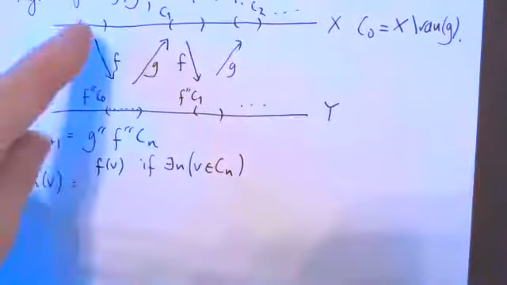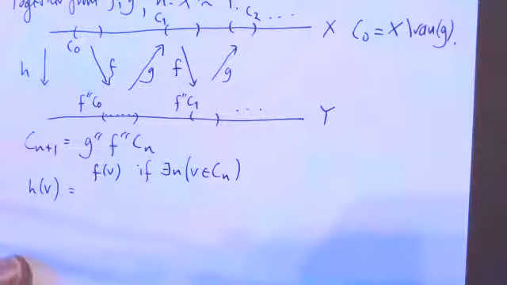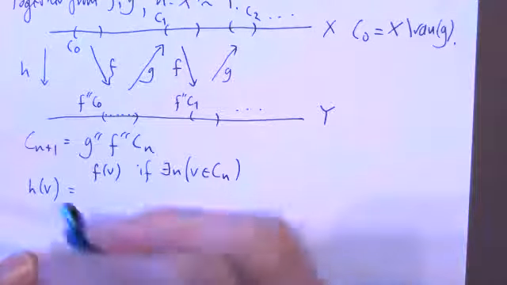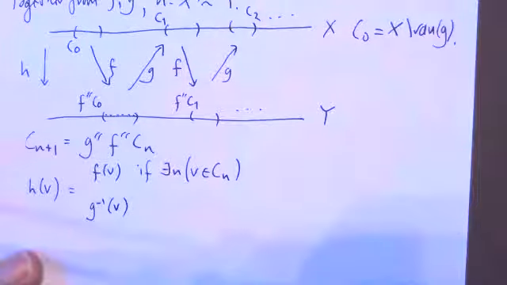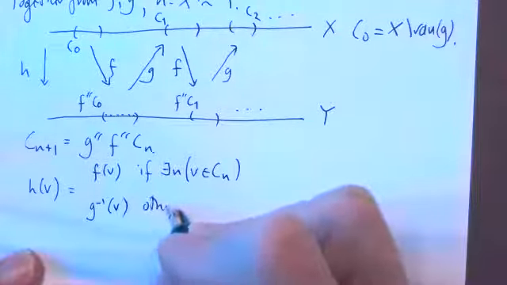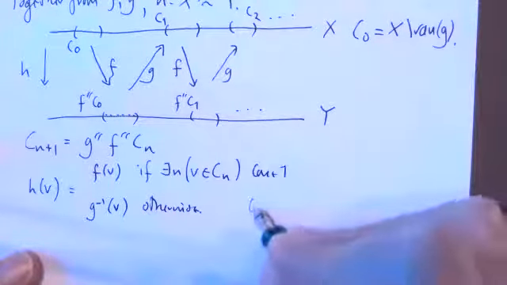So it's either in this bad bit or these semi-bad bits over here. Otherwise, if it's not in any of the CNs, we'll apply G to the minus 1 to it. Right, so this will be case 1, and this is case 2.